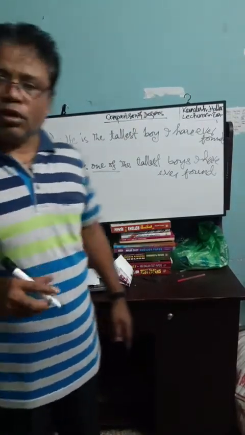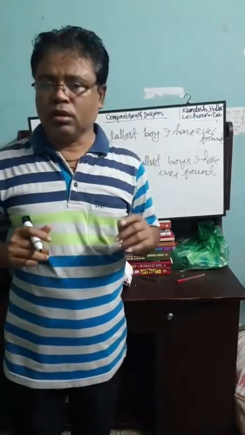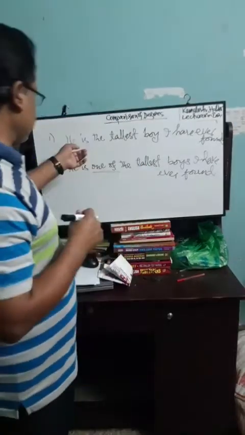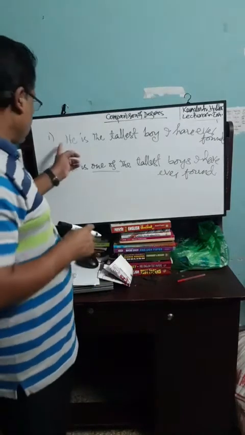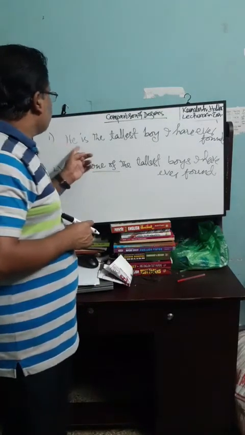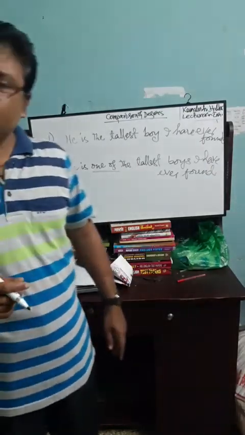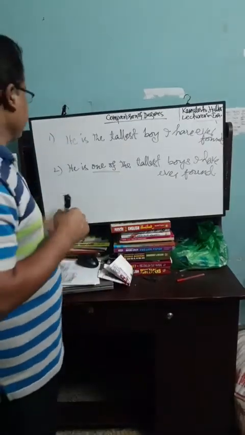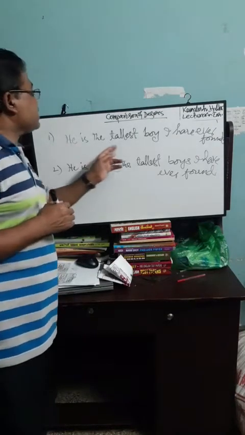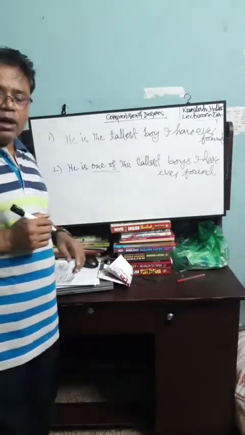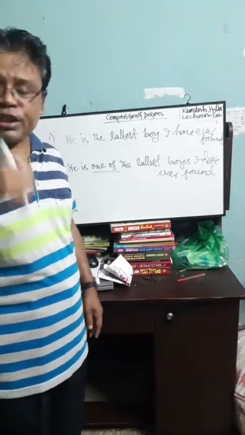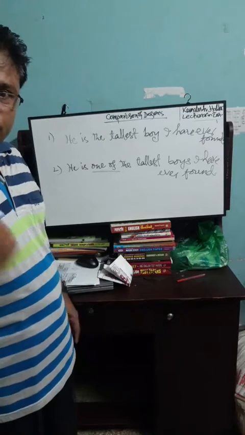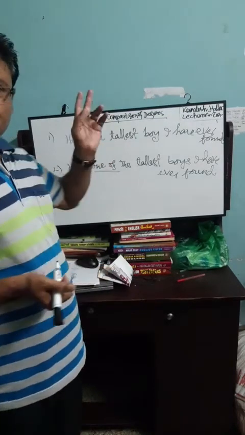Now, we have to follow two rules to change the sentence into positive and comparative. Look, at first, we can change these two sentences into positive. If the sentence is a simple superlative, and we want to change it into positive, we have to remember the previous two lines.